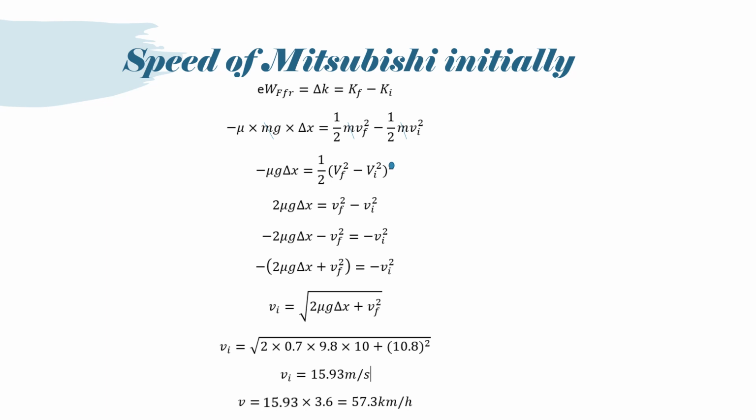Putting value to these unknowns, we have only one unknown left, that is v initial, and after putting the values to those numbers, we get initial v is equal to 15.93 meters per second, which we can convert into kilometers per hour. That will be 57.3 kilometers per hour, which will mean that the speed of Mitsubishi initially was 57.3 kilometers per hour.